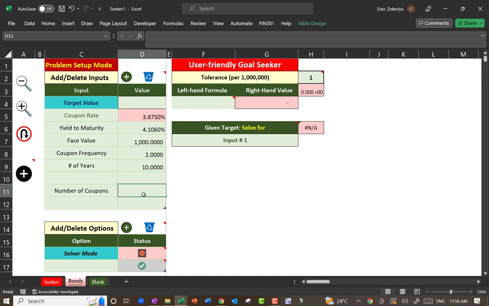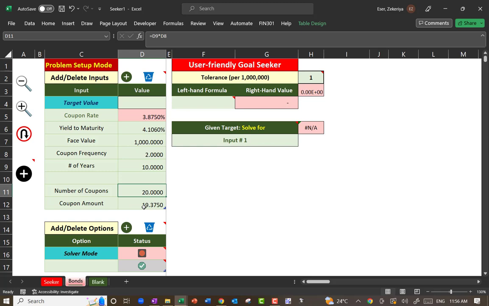Number of coupons, number of years times coupon frequency, coupon amount, take the face value, multiply it with coupon rate, and divide it by coupon frequency.